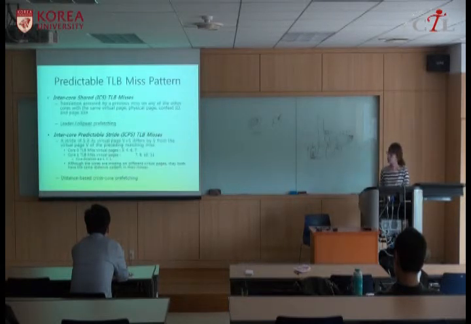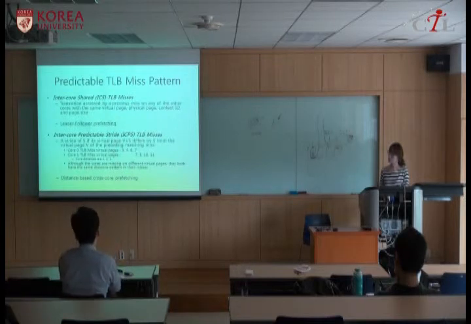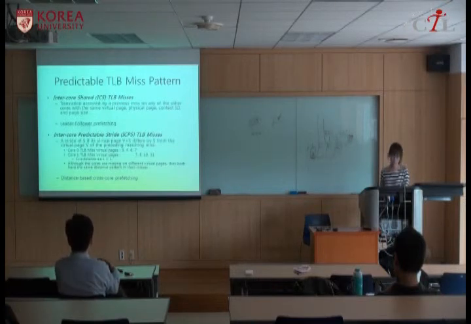So they categorize this pattern into two. One is ICS, intercore shared TLB misses, and the other is intercore predictable stride TLB misses. Intercore shared TLB misses means that among cores they access the same page entry.